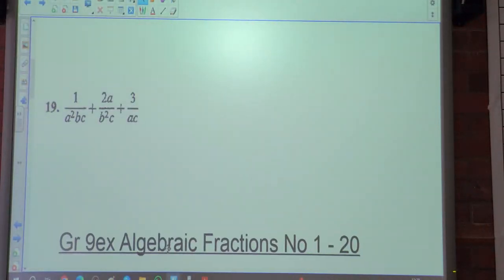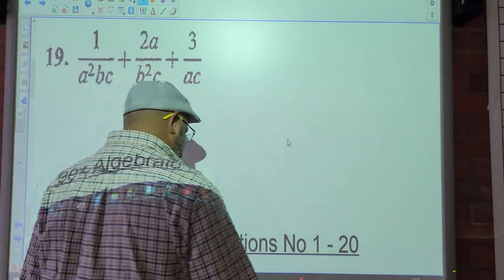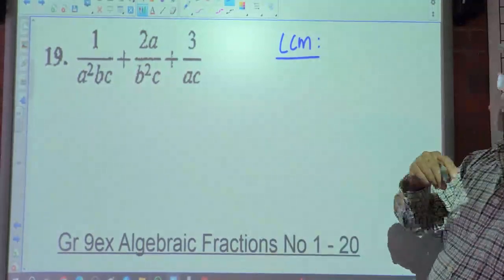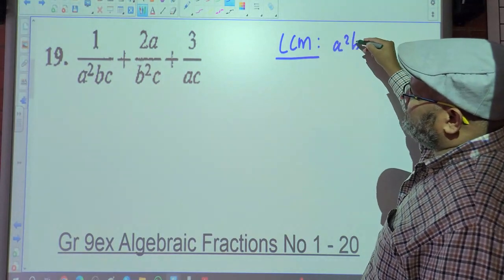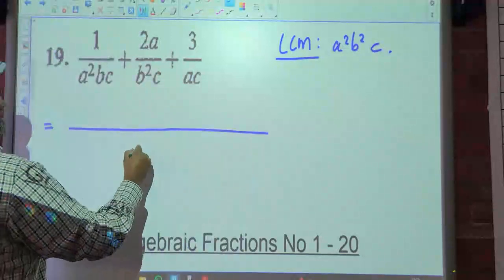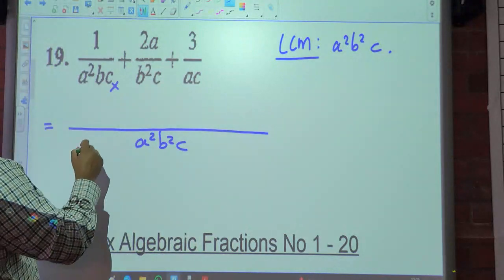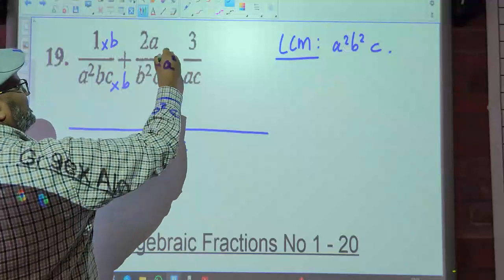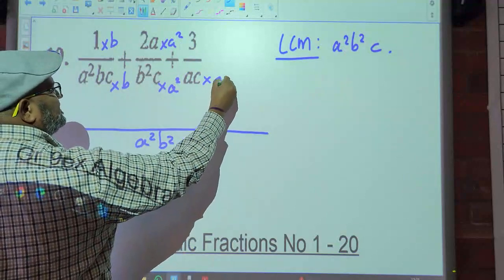Number 19. What's your LCM here? So we look at the lowest common multiple: a squared, b squared, c. What must the first denominator be multiplied by? b. What must the next be multiplied by? a squared. And the last? a, b squared.